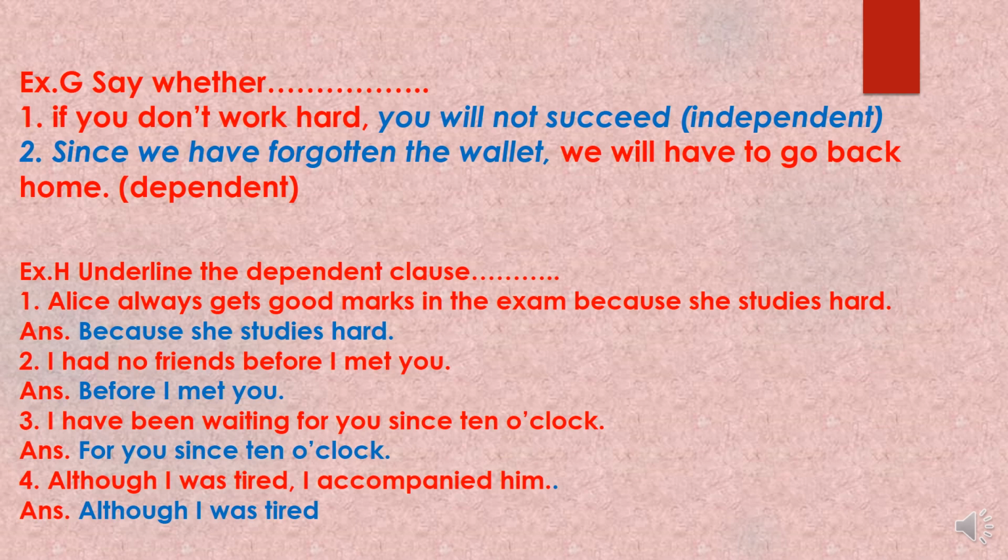Second, see: I had no friends before I met you. So before I met you is a dependent clause because it depends upon the first part of the sentence. Now see the third. I have been waiting for you since 10 o'clock. For you since 10 o'clock has a subject and a verb.